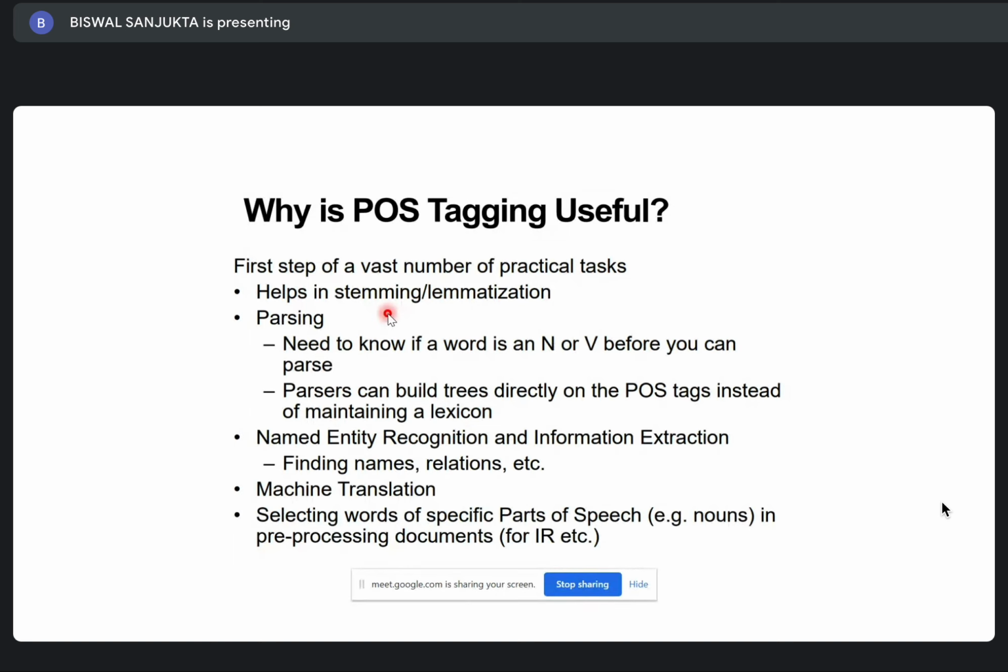For example, if I have a word like friendly, in stemming we just remove the 'ly' at the end and it will be friend. Whereas in lemmatization, friendly will also become friend, but for example, let's say friendlier.